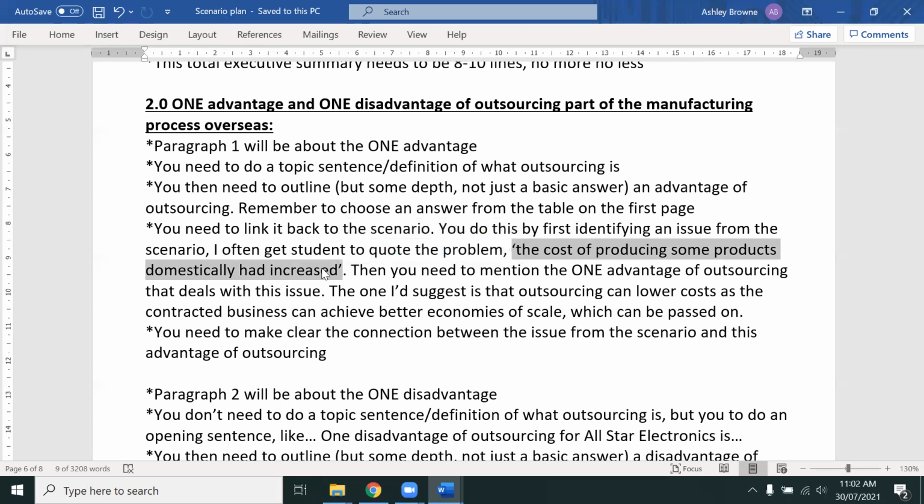So by outsourcing, the one advantage of outsourcing deals with this specific issue. That is, you need to say that it would likely lower costs by contracting out and that other outsourced businesses can achieve economies of scale, which can be passed on to your business. So you're making that connection between the issue from the scenario and your advantage.